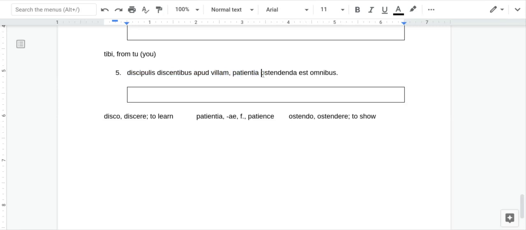And then here's your passive periphrastic: ostendenda est. Patience must be shown by all. So with the students learning at home, patience must be shown by all, which is true.